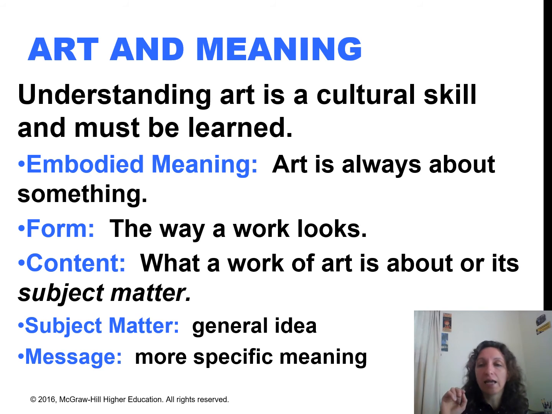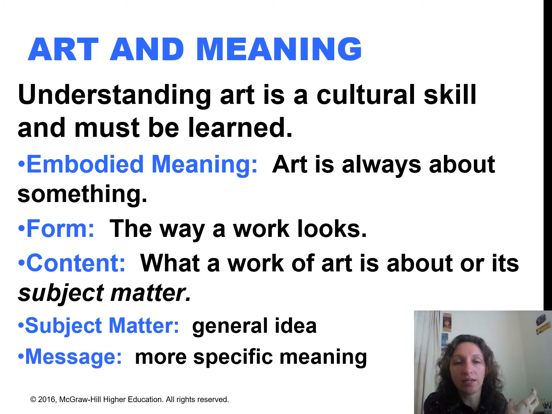I think that's a lengthy term that your book uses, which could just be shortened to meaning. And then form, the way an artwork looks. Content is the subject matter, and the subject matter can have a specific message that it's conveying to you, or it can just be a general idea, right?